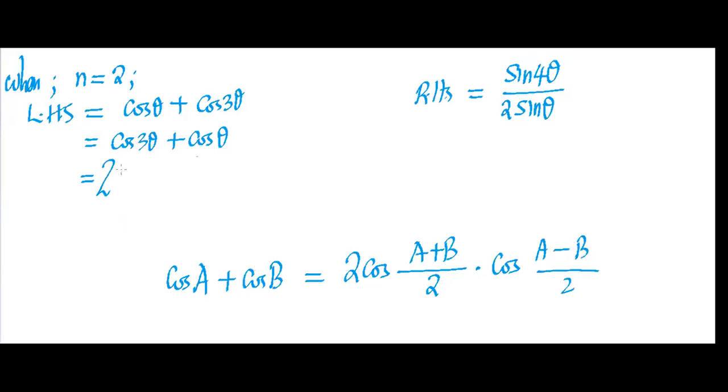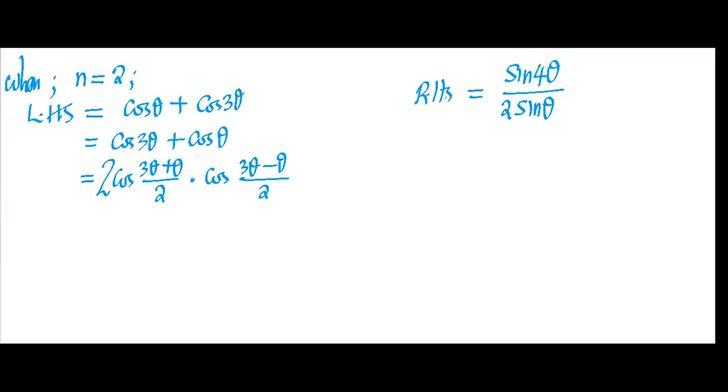So that becomes up here 2 cos 3 theta plus theta out of 2 multiplied by cos of 3 theta minus theta out of 2. That way. Is it okay now? Yes. Good.